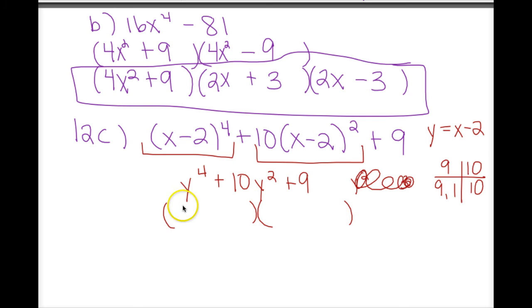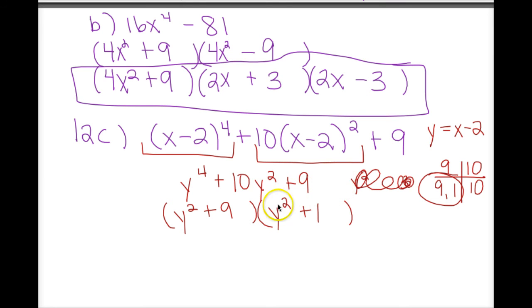factor this, since the original was y to the fourth, this is going to be y squared and y squared. My winning numbers were 9 and 1, so plus 9 plus 1. Now the only thing you have to do if you like looking at it like this and you like this substitution that I made is you have to remember to go back and substitute again at the end because this can't be the answer. The original problem doesn't have any y's in it.